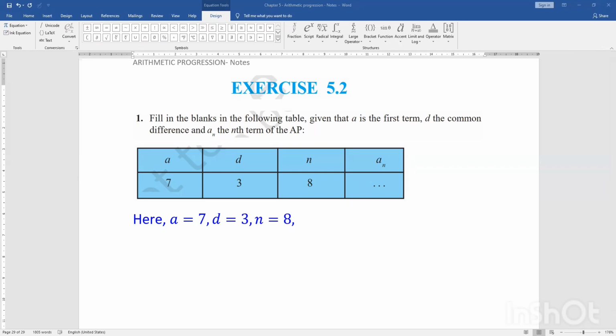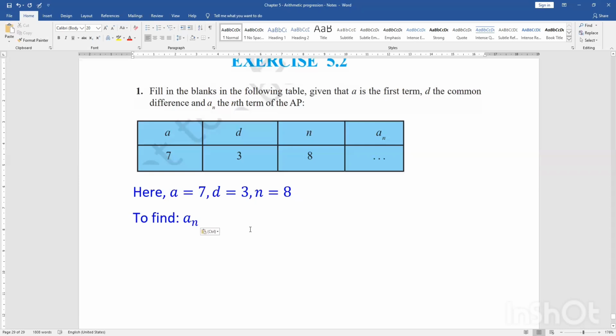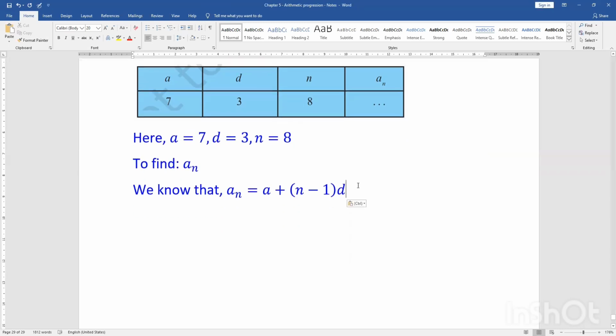We need to find out an. So next, we know the formula for an. What is the formula for an? We know that an is equal to a plus n minus 1 into d.